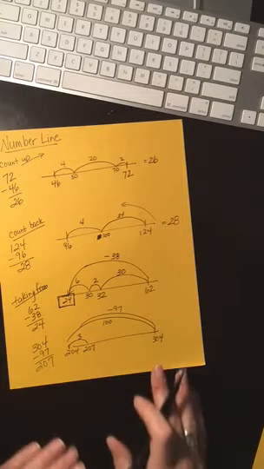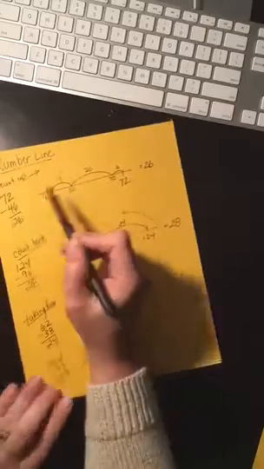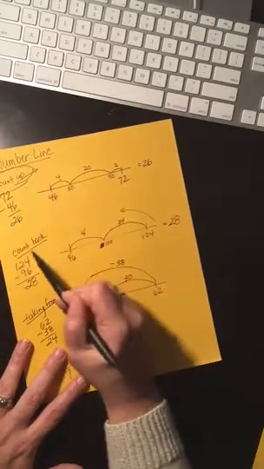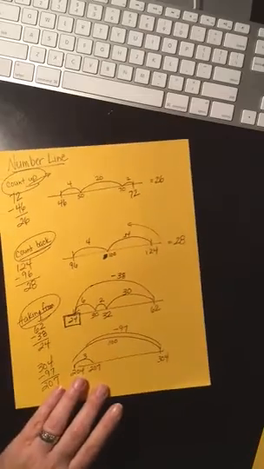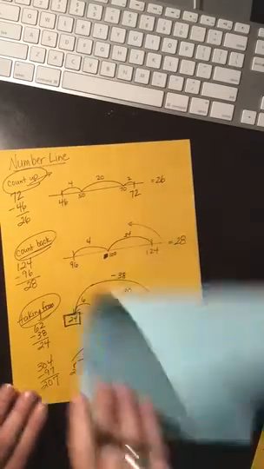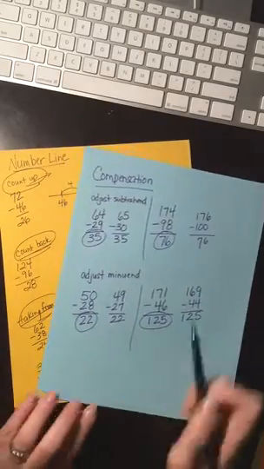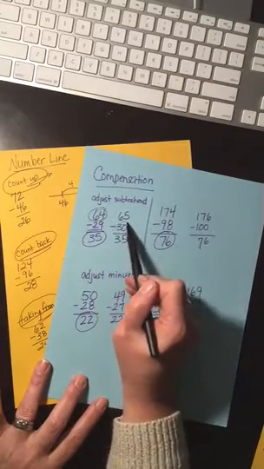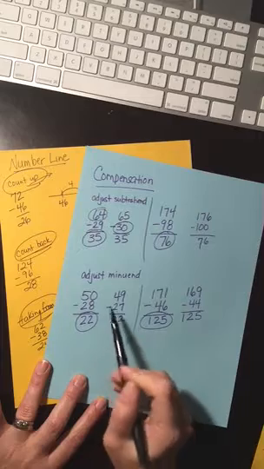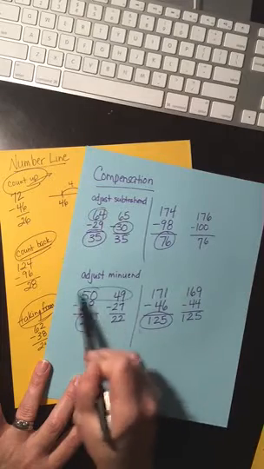So we've looked at several strategies. We looked at the number line strategy. We talked about counting up, counting back, and taking from. We also looked at the compensation strategy, where we can either adjust the subtrahend or we can adjust the minuend.